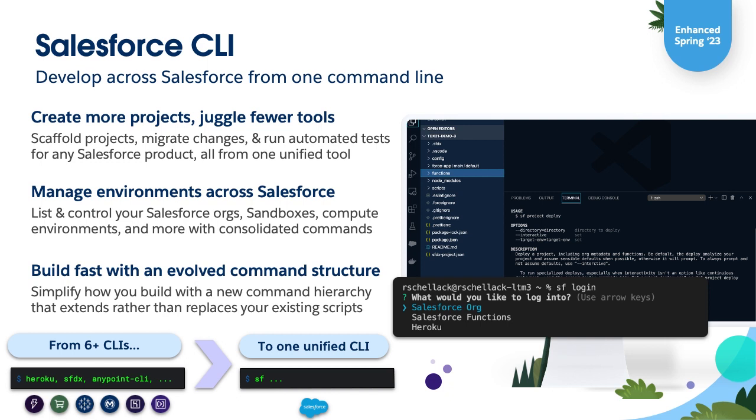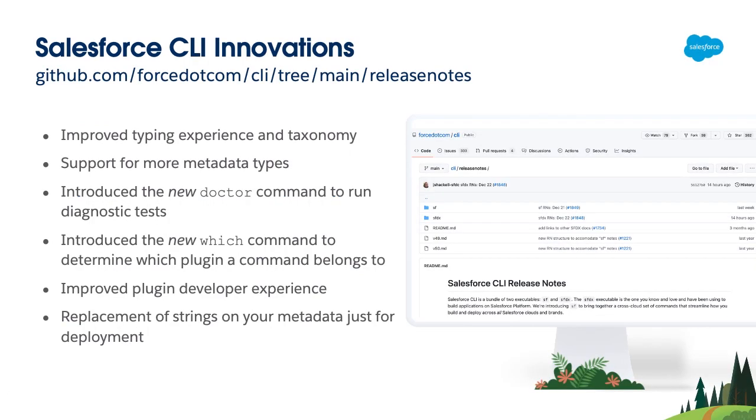Let's take a look at the innovations that were published for both CLIs on the timeframe of the Spring 23 release. Now you can write SFDX commands in any order and also using spaces instead of colons, a much more developer-friendly experience. More metadata types are supported in both CLIs, and a couple new commands are available.